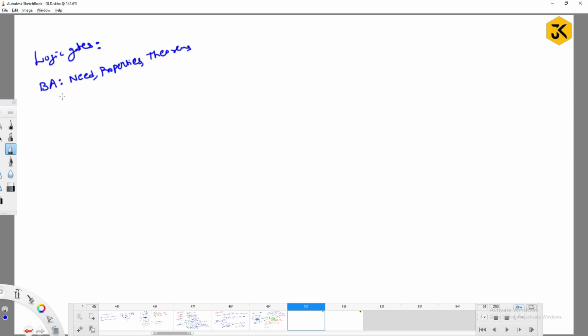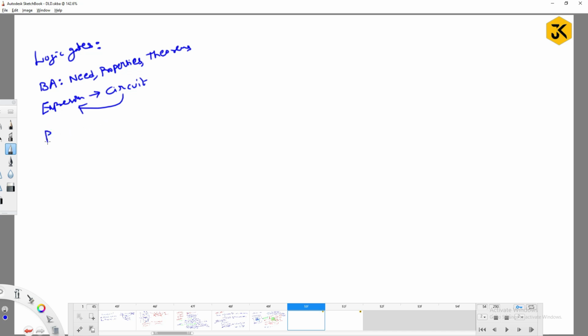If we got any expression, how to represent it in the form of a circuit, and if we got any circuit, how to express it in the form of an expression.